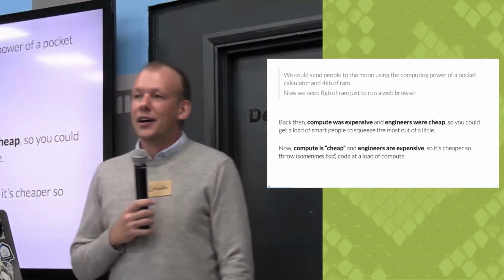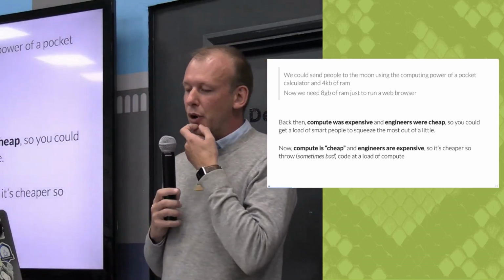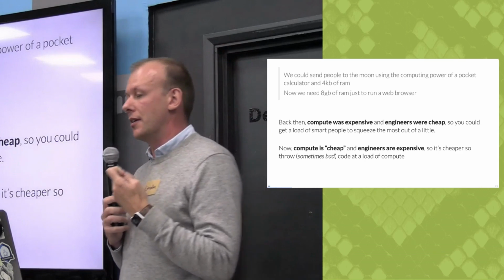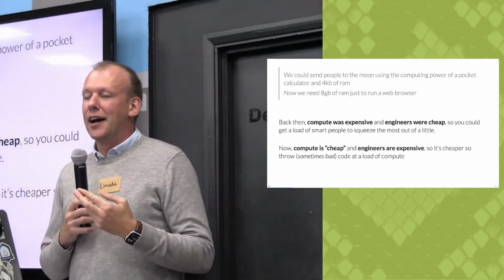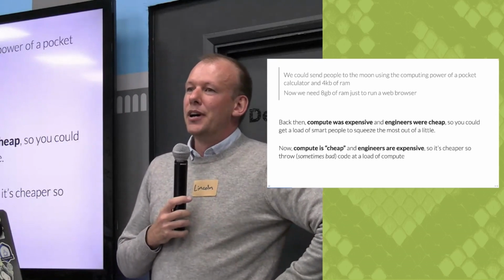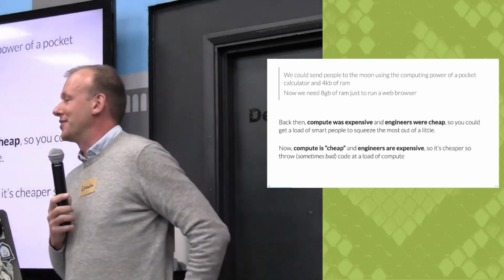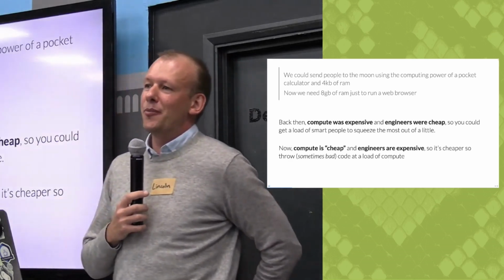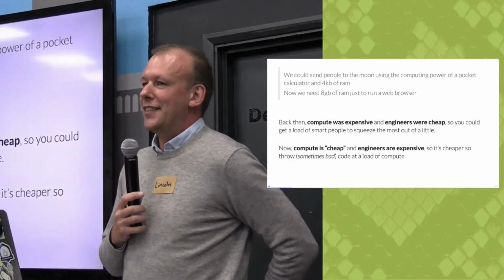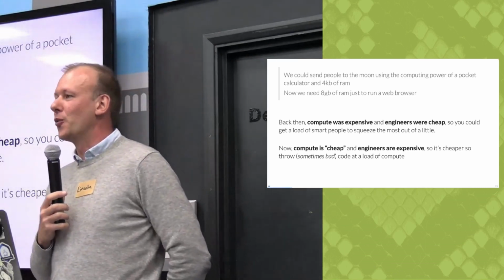Just to set the scene a little bit, one of the things that motivates my thinking a lot about this is an idea that I saw in a tweet a little while ago, thinking about what we used to do with computers and what we do with computers now. So if you think about when they put people on the moon, they could do it with the computing power of a pocket calculator and 4 kilobytes of RAM.